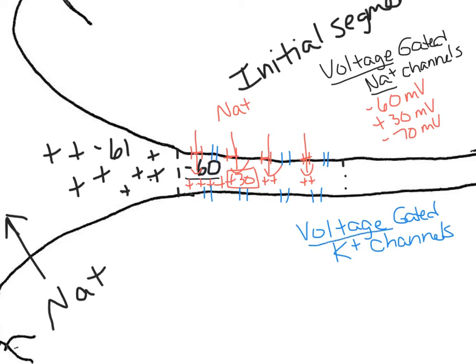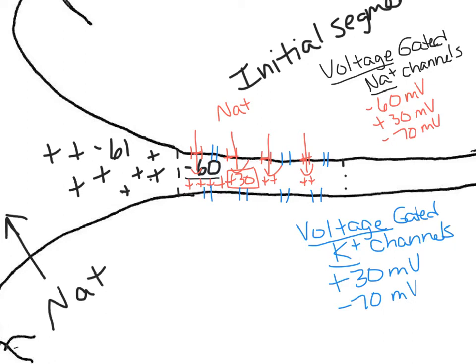Voltage-gated means they're sensitive to voltage. Potassium channels means they're only going to allow potassium to cross. So the voltage-gated channels are sensitive to positive 30 millivolts, and then to the negative 70 millivolts. So they're sensitive to those things.